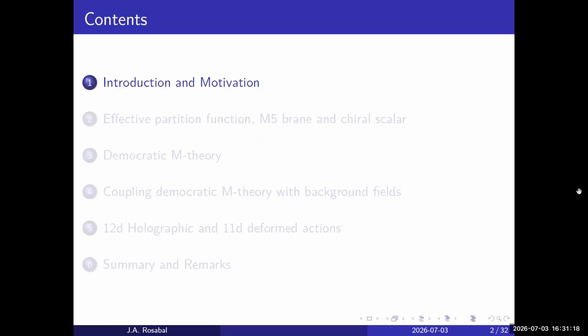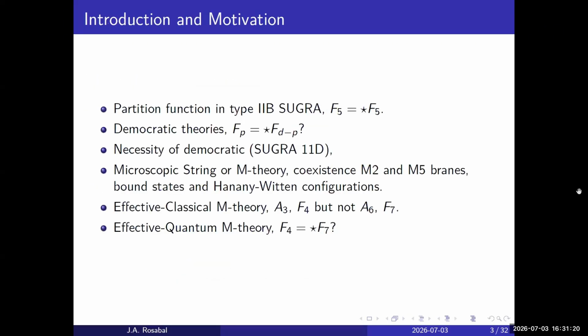Okay, let me start with some introduction and motivation. Why do we want to study chiral partition functions? The first one, which is actually one of the motivations of some of you, is in type 2B supergravity. We have a 5-form self-dual field.